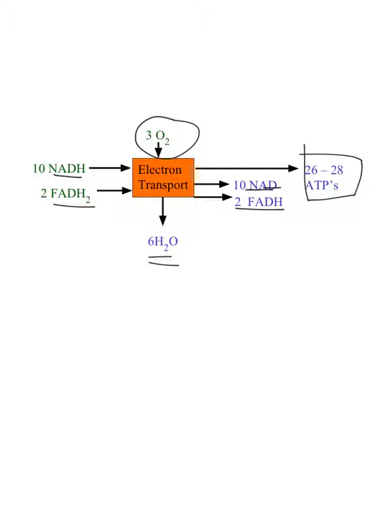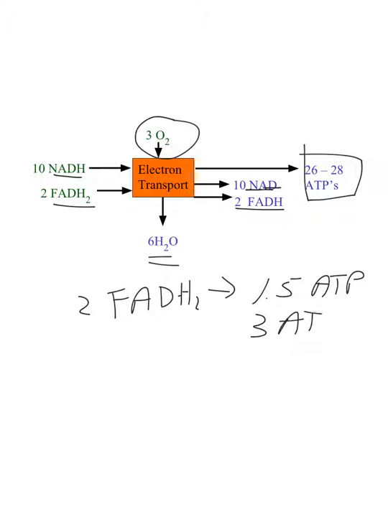Turns out that the hydrogen and attendant electrons from FADH2 can give you an average of 1.5 ATPs worth of energy. Well, since there's 2 of these, 2 times 1.5 gives you 3 ATPs. Cool.